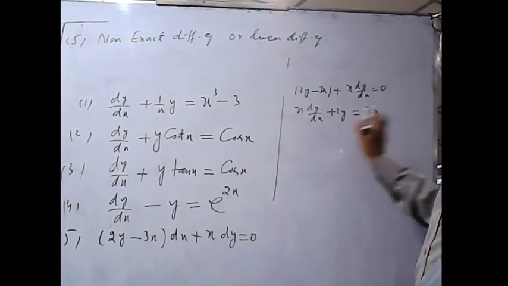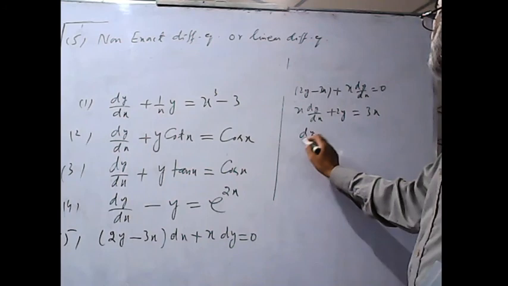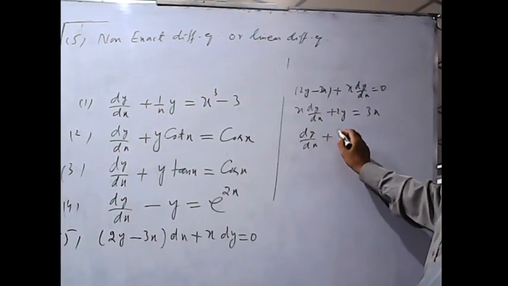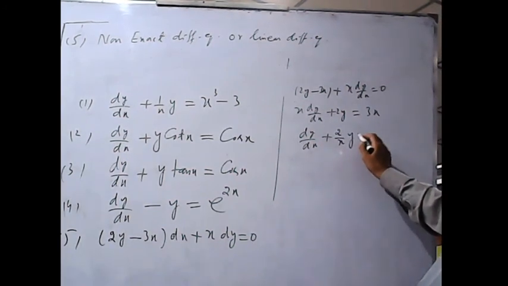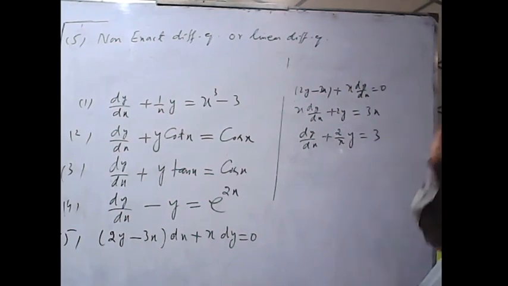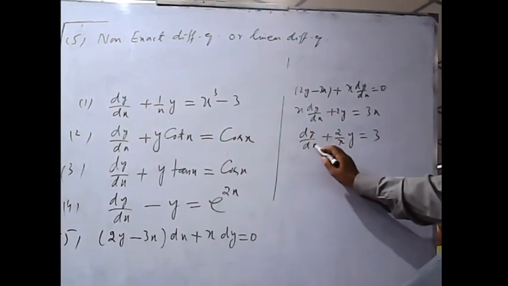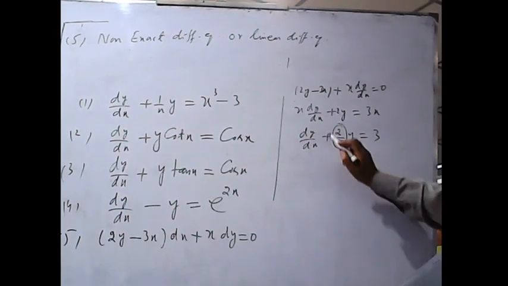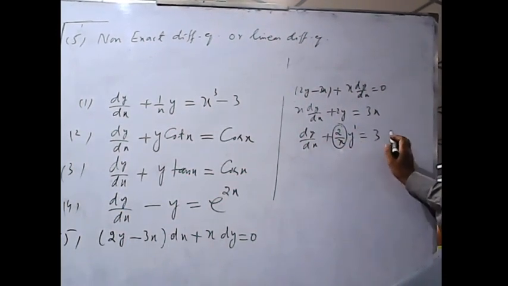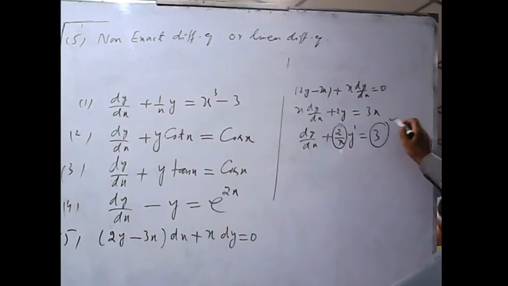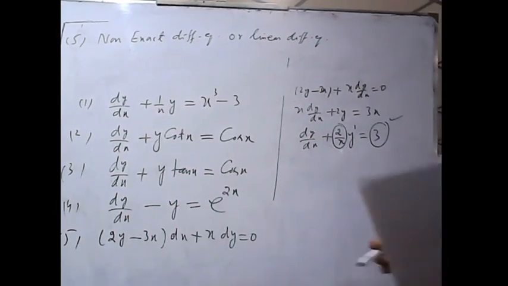Then divide the whole equation by x: dy by dx plus 2 upon x times y is equal to 3. So this is a standard form, dy by dx, then this is p of x, then y power 1, and this is q of x. So you can easily solve.